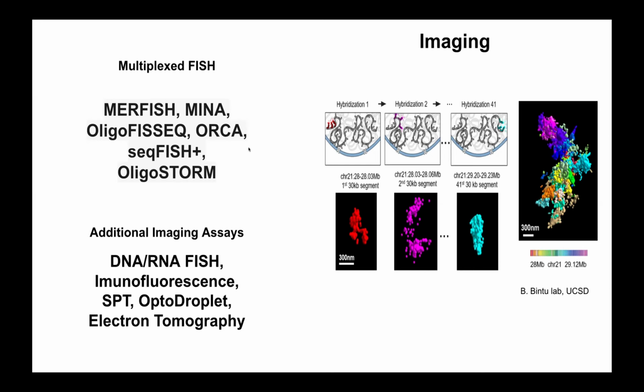So we have a number of data sets of that type, and I'll say a little bit more about that later. But we also have additional imaging assays, including FISH, immunofluorescence, single particle tracking, and others.